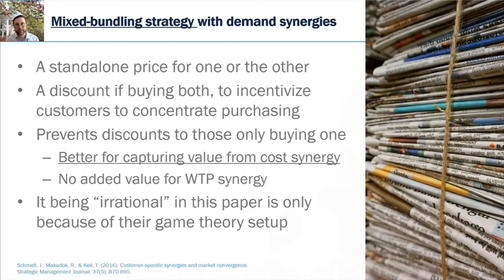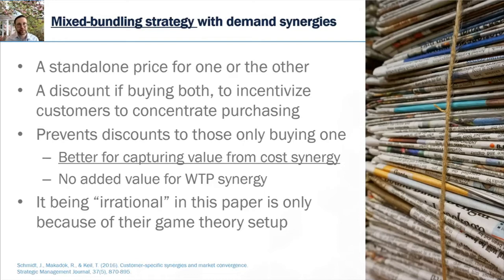So in their game theory setup, they had two sellers of two products. Each and every customer had to buy one of each product type. So they would either buy two products from one seller, two products from the other, or one from each seller. And there was no other possibility for the customers to do anything else. And both sides had to sell both offerings.